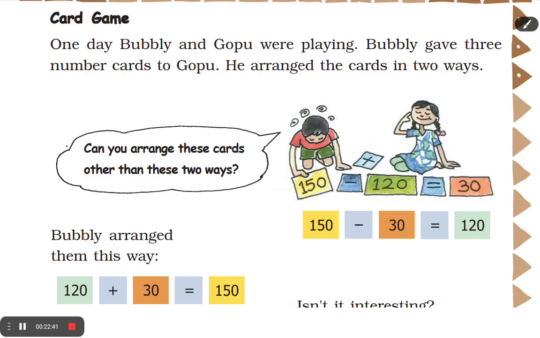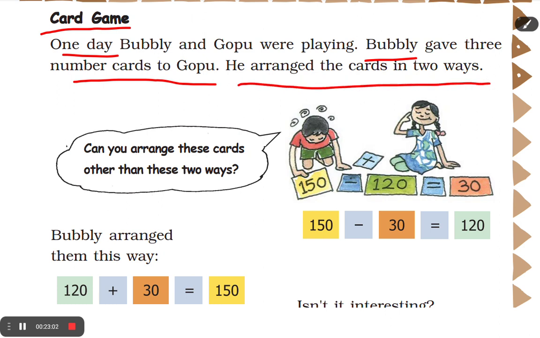Now next page, card game. One day Bubbly and Gopu were playing. Bubbly gave three number cards to Gopu. He arranged the cards in two ways.